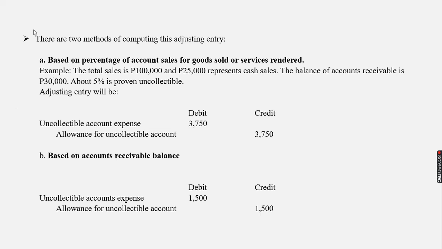And then, based on accounts receivable balance naman, pag yung balance lang na accounts receivable natin, doon lang tayo magbe-base sa 5% proven uncollectible, yung balance niya kasi is 30,000. So, kunin natin yung 5% ng 30,000 kasi yun lang naman yung balance ng accounts receivable natin.